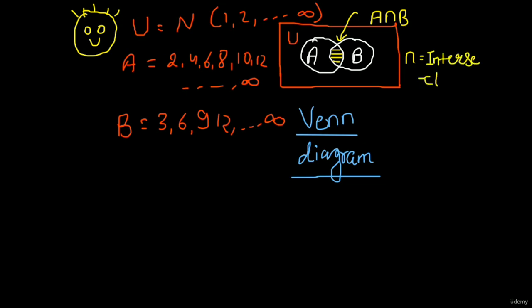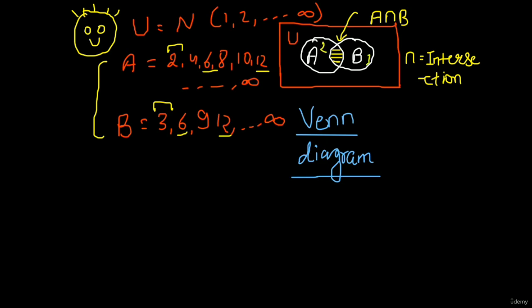Intersection means common, like you can see the 6 is coming in both places, the 12 is coming in both places, and there are so many numbers that are common between the A and B sets. And obviously there are different numbers, like 2 and 3, which are not coming in each other. These portions are here, like 2, 3, that way.